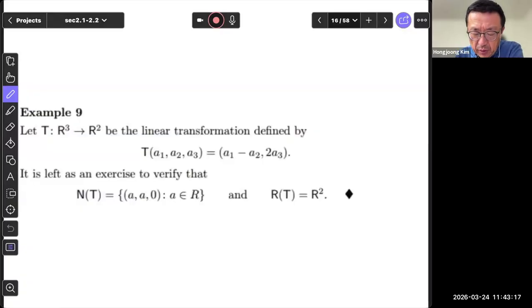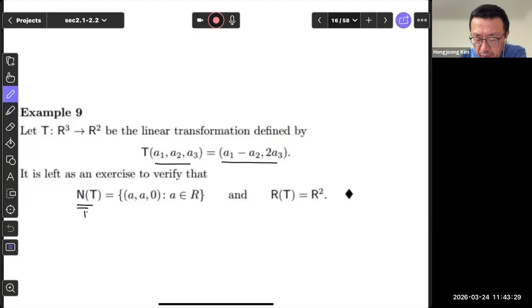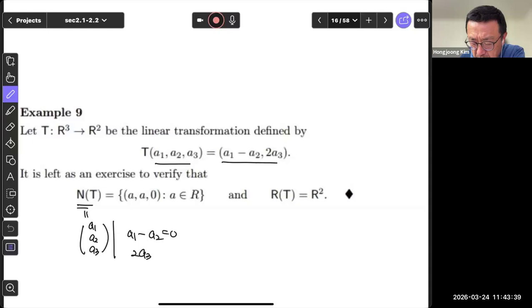One more example. Suppose that T is a mapping from R3 to R2, which maps this triple to this pair. Then the null space consists of the vectors such that A1 minus A2 equals 0 and 2A3 is 0.